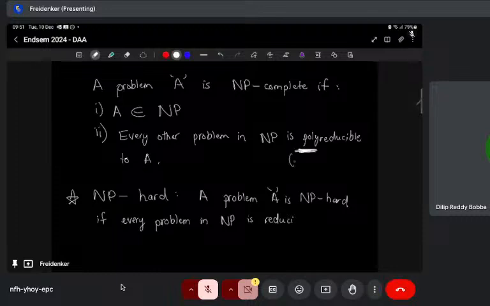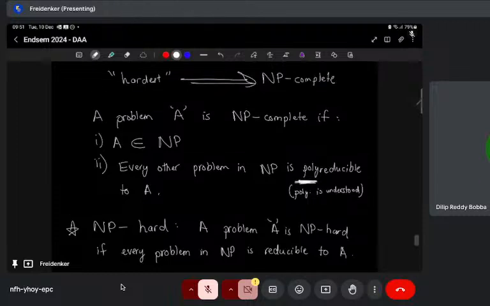It is understood, because if it's not polynomial, it's useless. We want polynomial time reduction. So a problem A is NP hard if every problem in NP is reducible to A.